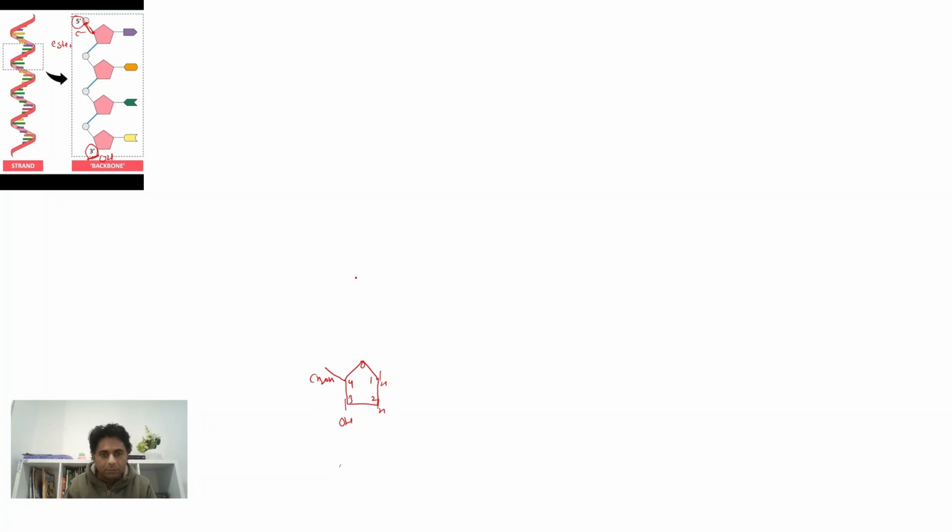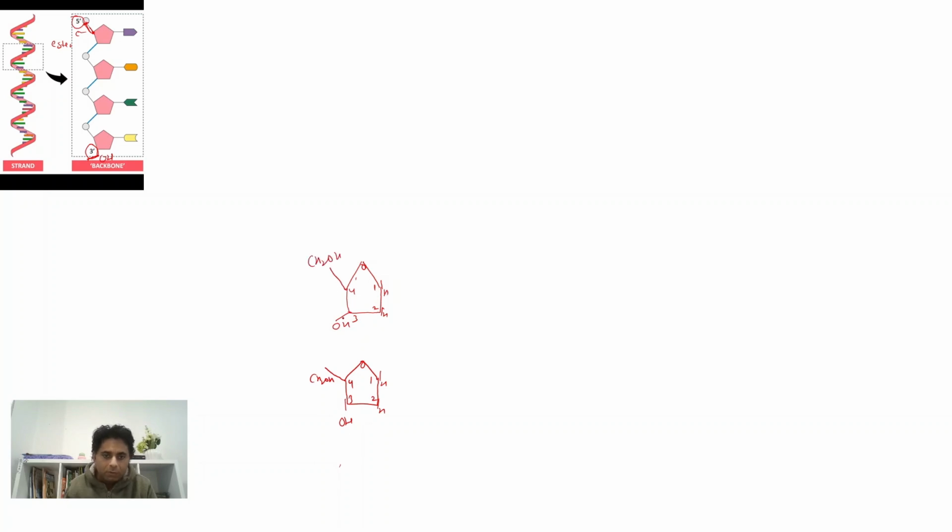Now let's draw the next pentose, and then we'll join the phosphate group with the pentose sugar. So this is the OH, first carbon, second carbon, hydrogen. This is the OH group, third carbon, fourth carbon, and fifth carbon is outside the ring.